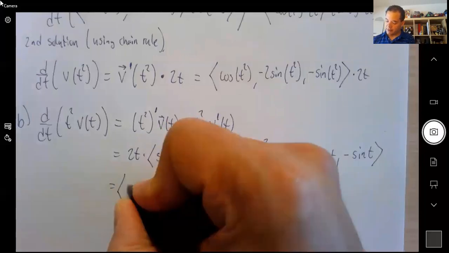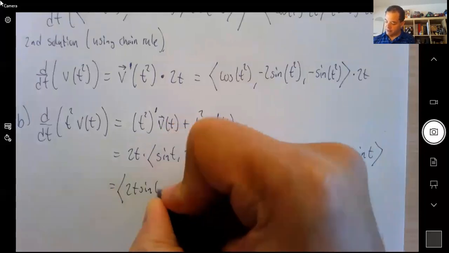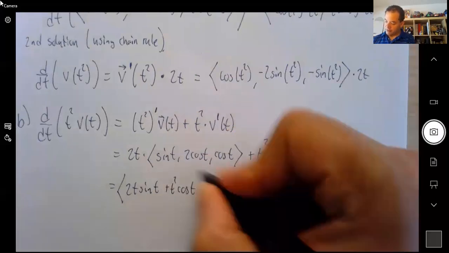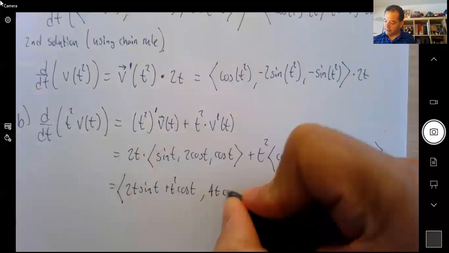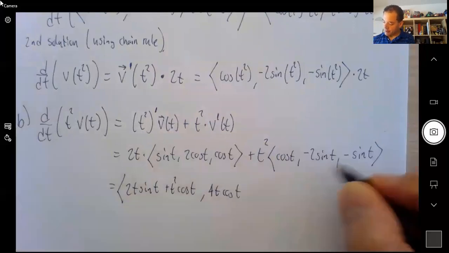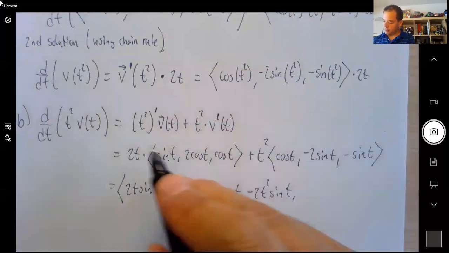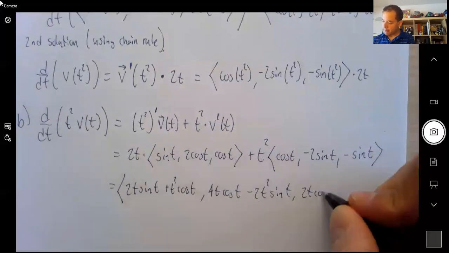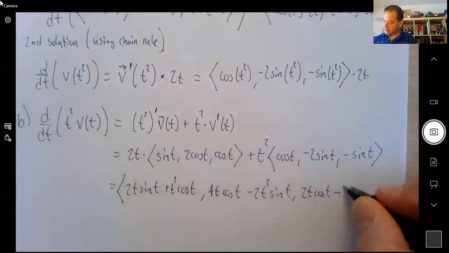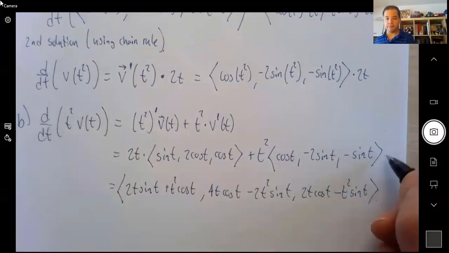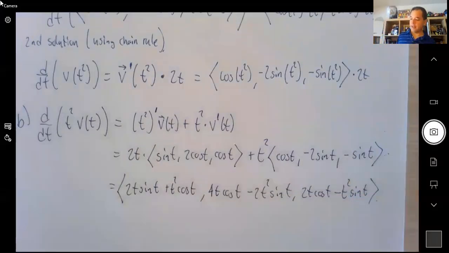So it will be 2t sine t plus t squared cosine t, comma, 4t cosine t minus 2t squared sine t, comma, 2t cosine t minus t squared sine t, right? So this last step is not needed, by the way. It's okay to stop right here. So, questions so far?